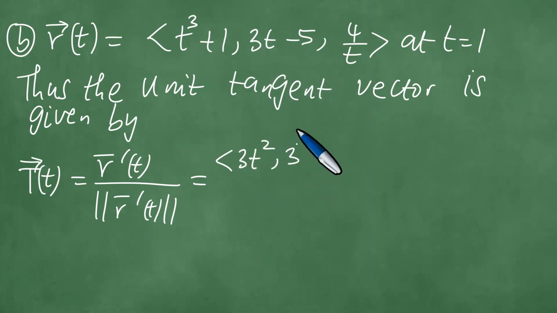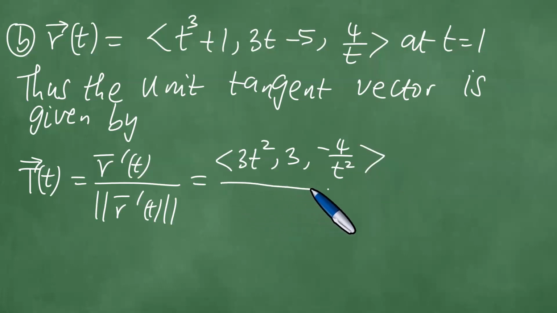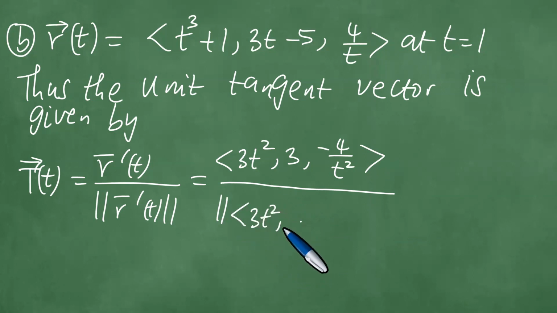The derivative of this is 3, and the derivative of this is exactly minus 4 over t squared. And then now you divide by the length, like this.